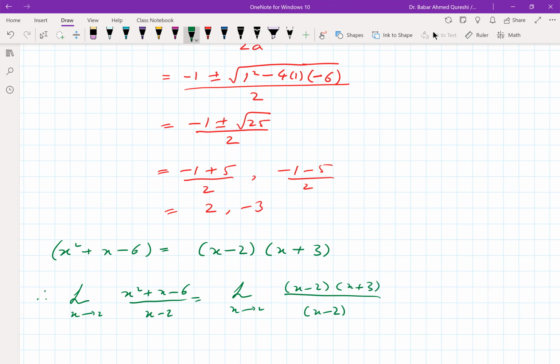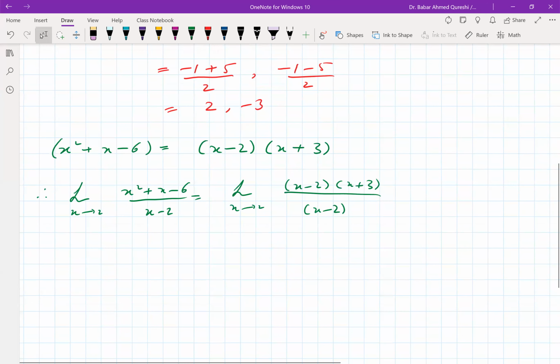That's the same function as what you have in the numerator. And since in the limits, you are never at that point, so this is equal to the limit of the function which you get after canceling these two factors. So you get 5.